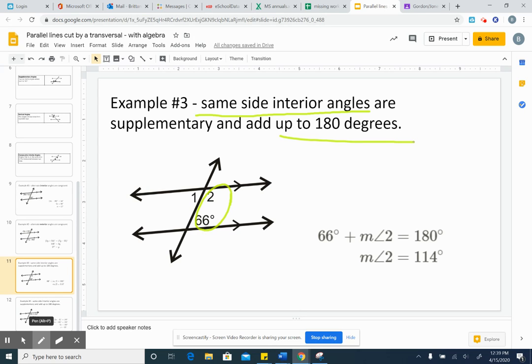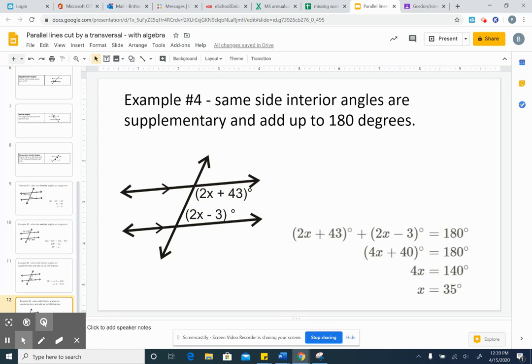Okay, so we have 66 plus angle 2 equals 180. Well, let's remove 66 from both sides. And we're left with a measure of angle 2 equals 114 degrees. That is your answer. Those are supplementary angles.